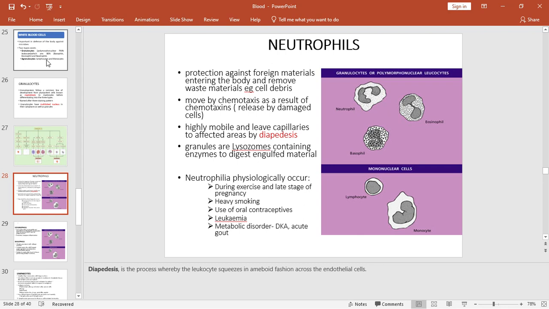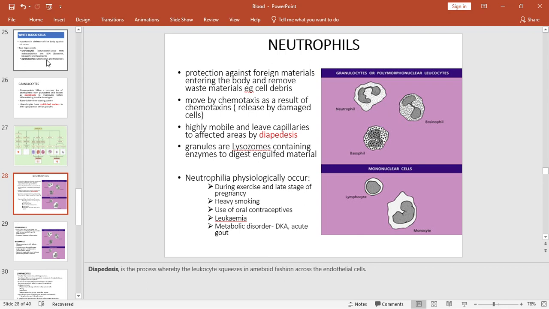So the neutrophils are basically useful in the defense against foreign material that is entering the body, and they are also useful in removing waste material. An example would be dead cell debris. So these white blood cells move by chemotaxins.